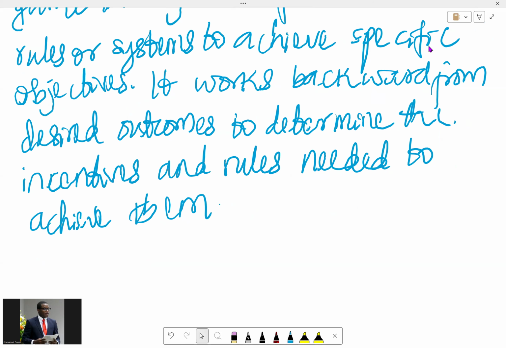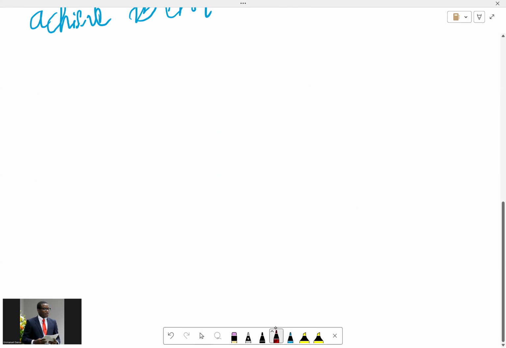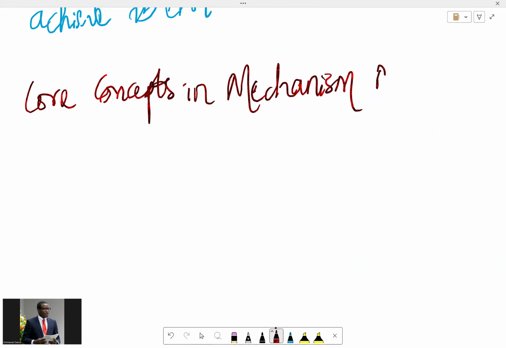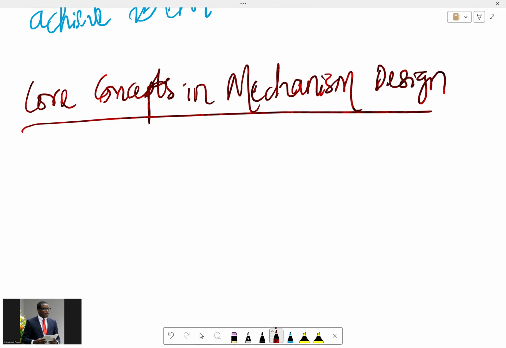Okay, now let's look at some core concepts in mechanism design. So, first of all, of course, we have players. This is still under game theory for sure.